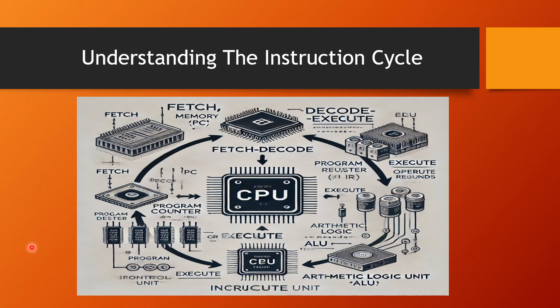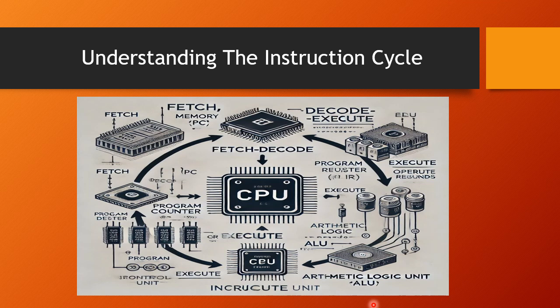Then we come to the execute stage, where the component involved is the arithmetic and logic unit. The role of the arithmetic and logic unit is to perform arithmetic and logic calculations or operations. And another component needed is the memory registers.